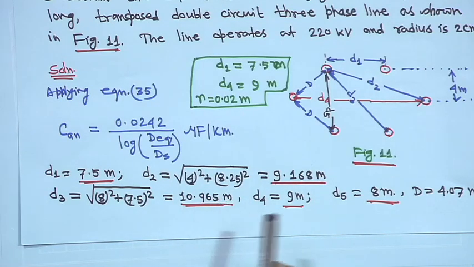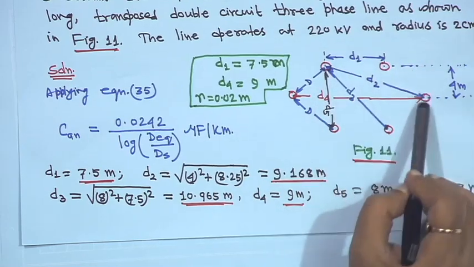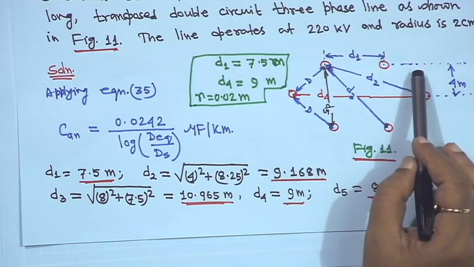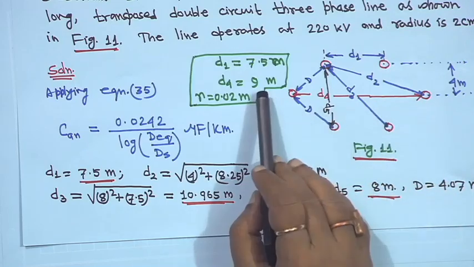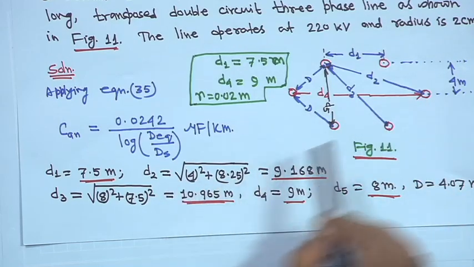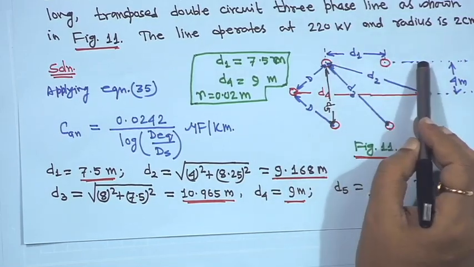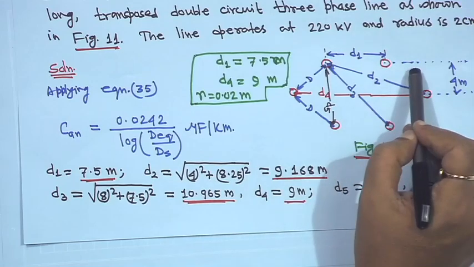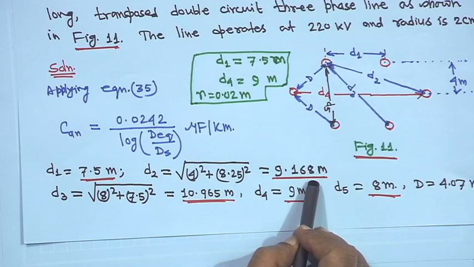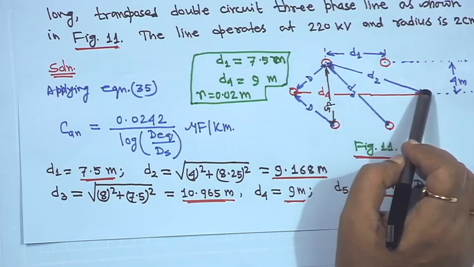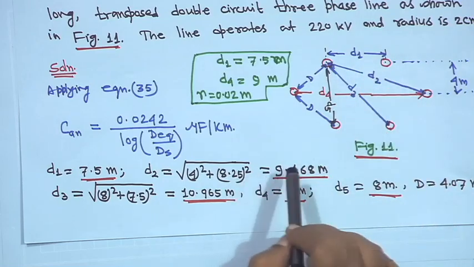D4 is given 9 meter, and this height is 4. From that you can find what D2 will be. Make a right angle triangle and then calculate the distance. So, D2 is equal to 9.168 meter. All these things I have told earlier, so again I am not explaining how this 8.25 will come.